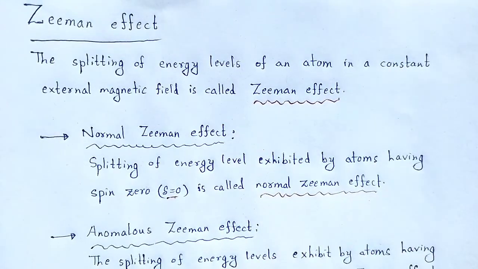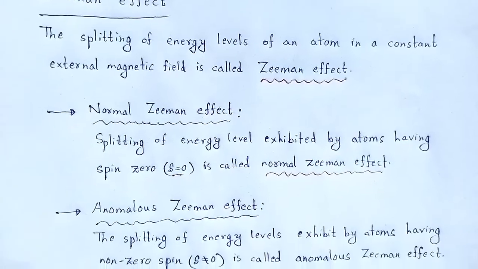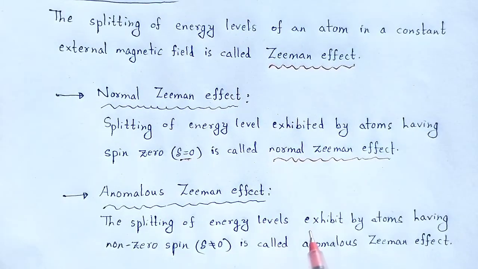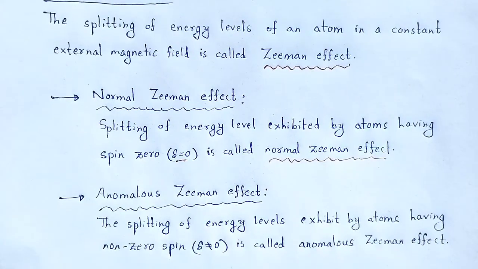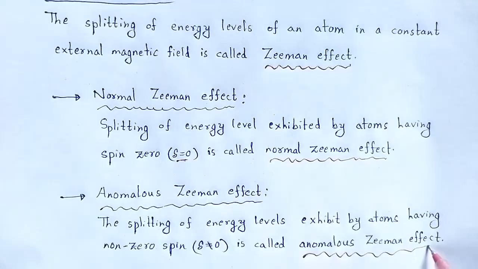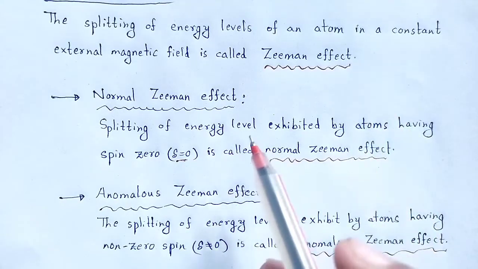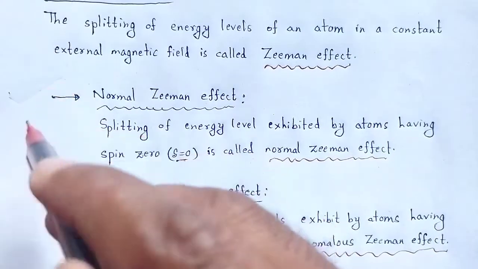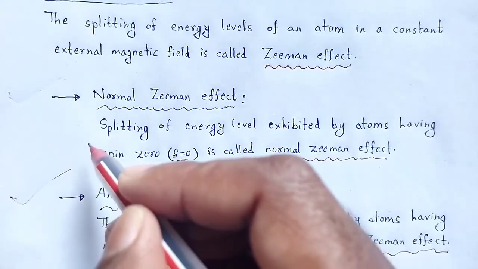And in the case of the anomalous Zeeman effect, there will be some spin, meaning the splitting of energy levels exhibited by atoms having non-zero spin is called the anomalous Zeeman effect. Zeeman effect and its types: normal and anomalous.